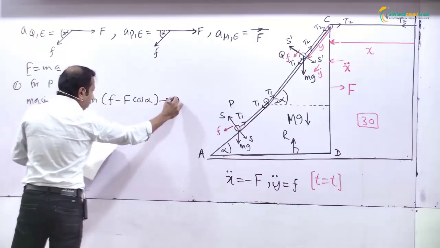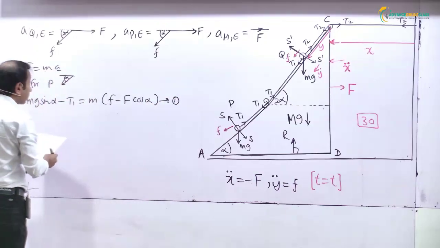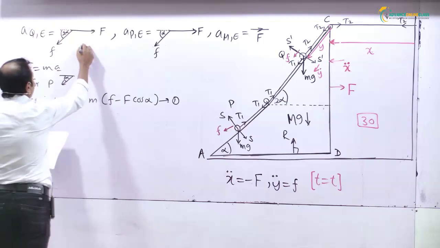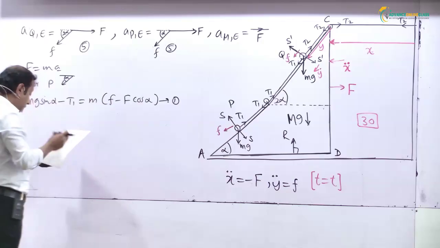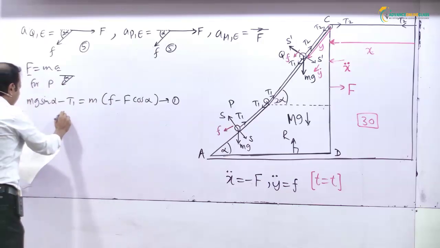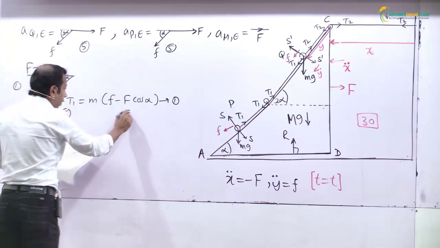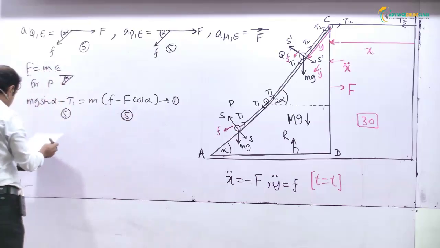This is number one. Remember, the marks come in here: 5 marks for the left hand side and 5 marks for the right hand side of this equation.